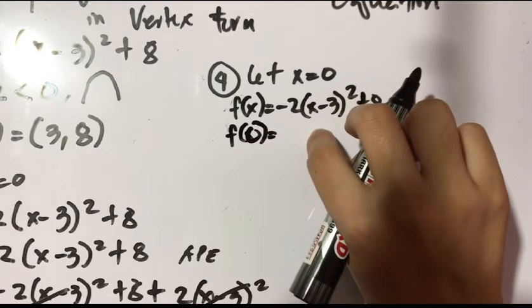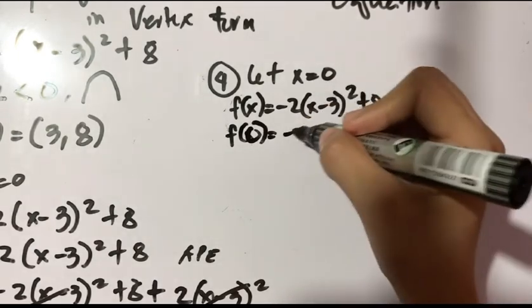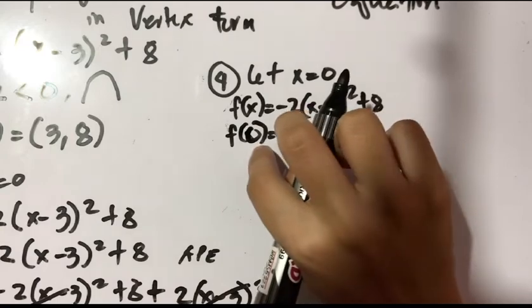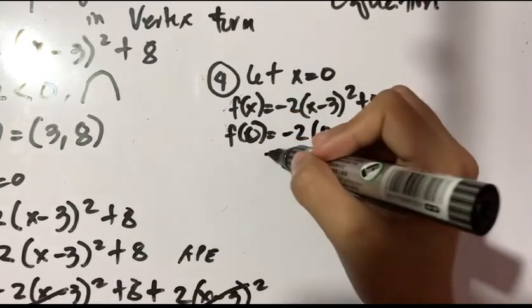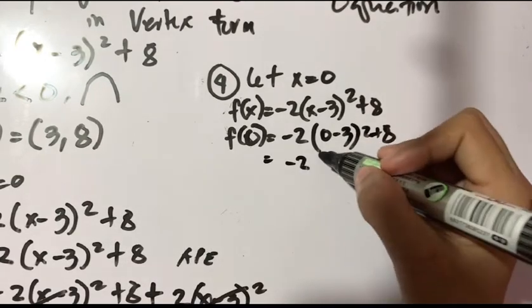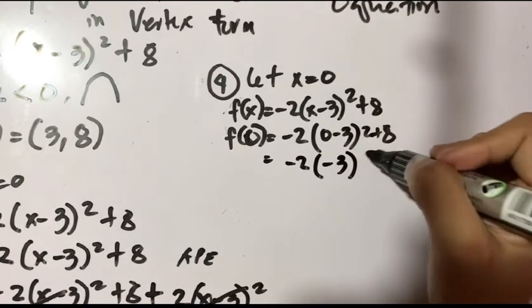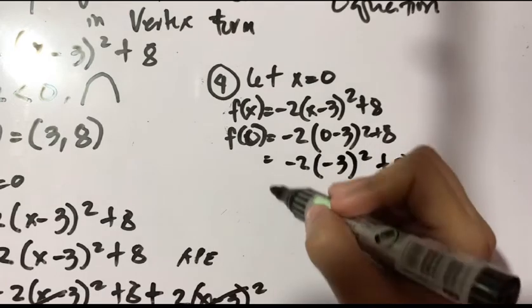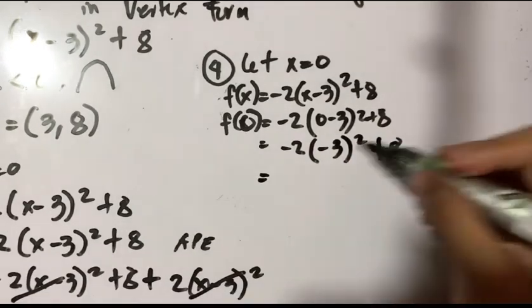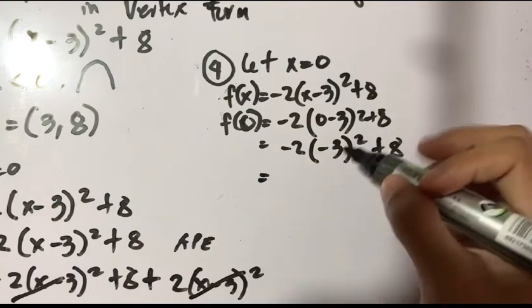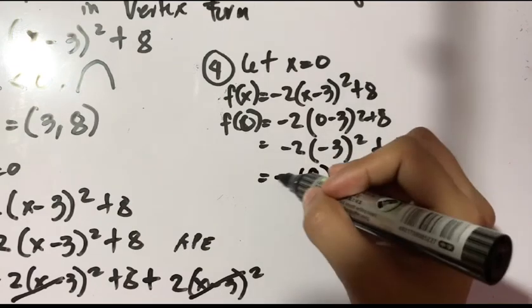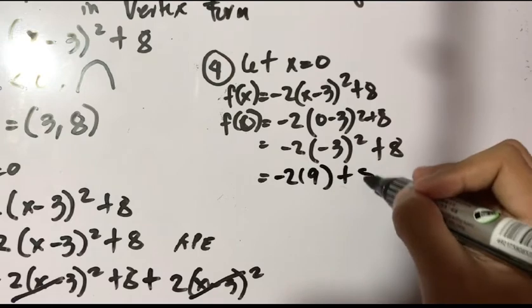Then, the right side of the equation will become, substituting 0 for x, negative 2 times negative 3 squared plus 8. And we're left with negative 3 times negative 3, that is 9, times negative 2 plus 8.